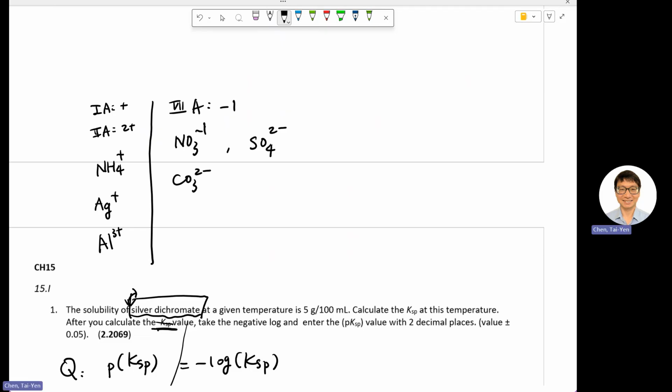A few interesting ones: CO3, 2 minus. C2O4, 2 minus. CrO4, 2 minus. Cr2O7, 2 minus. Here I wrote out 4, and I want to make the cut here.